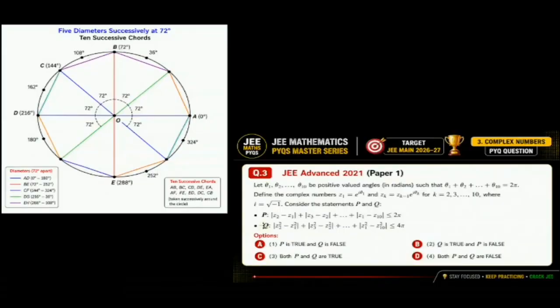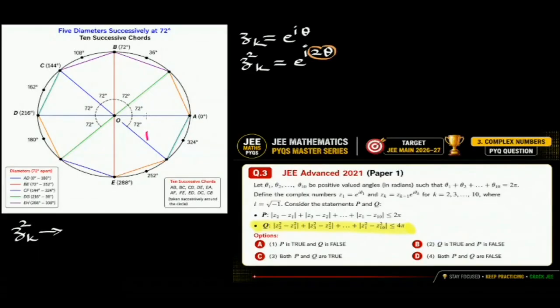Now let's prove the statement Q. Consider zk squared. Since zk equals e^(i theta k), we get zk squared equals e^(i 2 theta k). Squaring doubles the angle. Again, all these points remain on the unit circle.